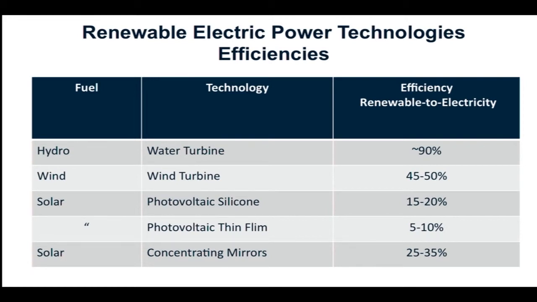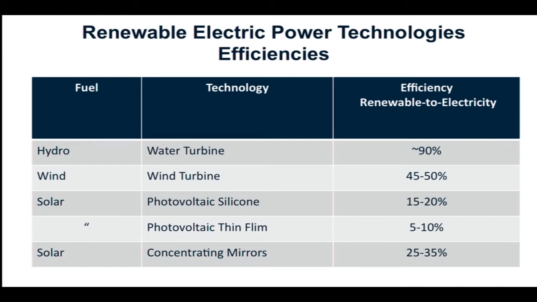So that's just the nature of the physics of the thin film technology. And it's really in its infancy. It's really coming on strong, though, and where it'll end up and how it'll compete is yet to be seen.